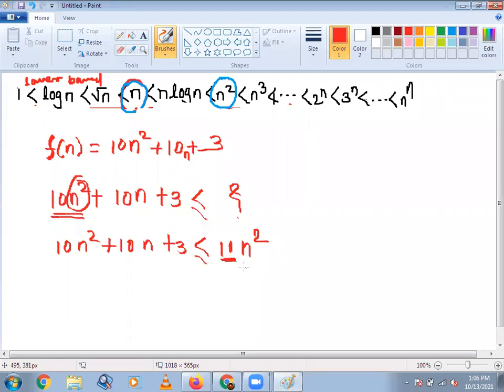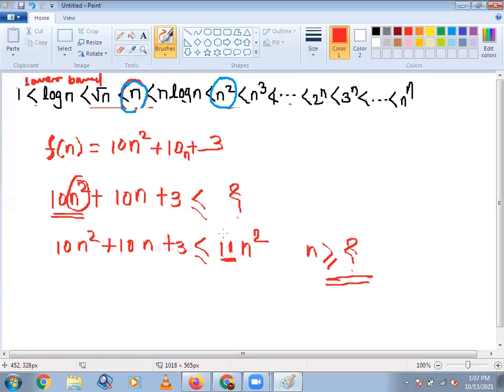Then for 2, for 3, for 4, n greater than or equal to some value, we have to check.